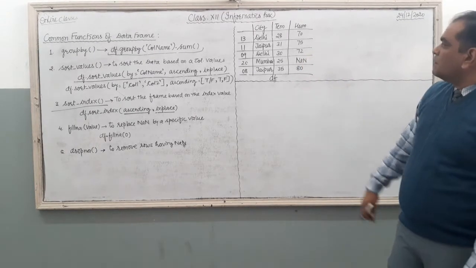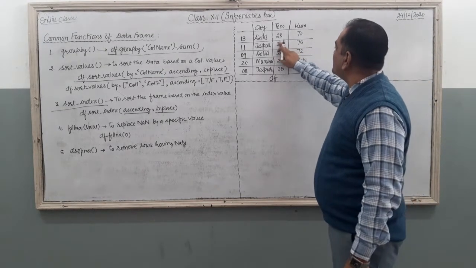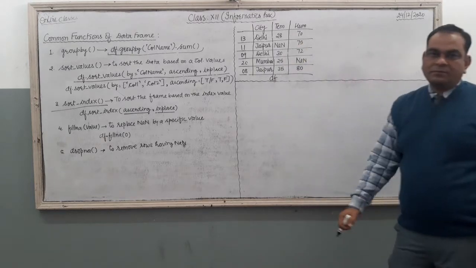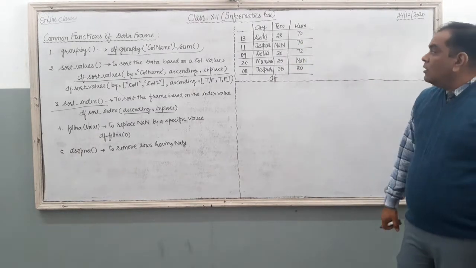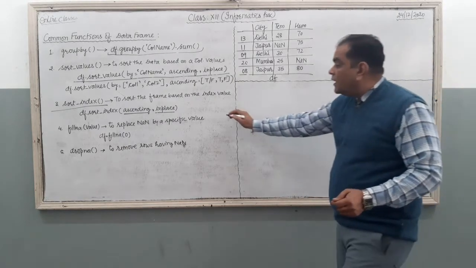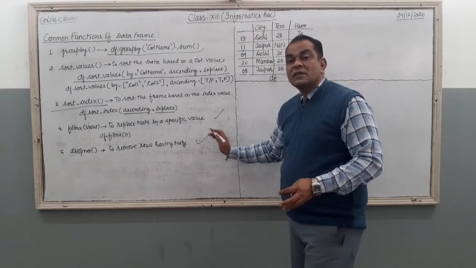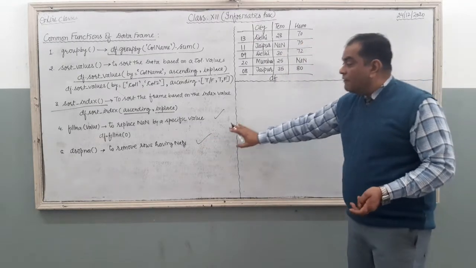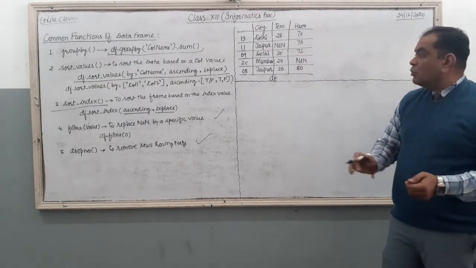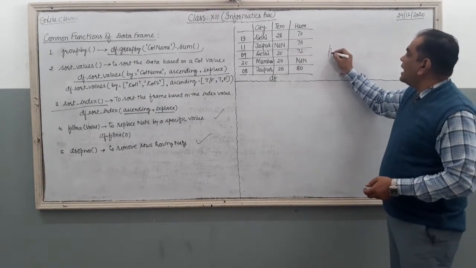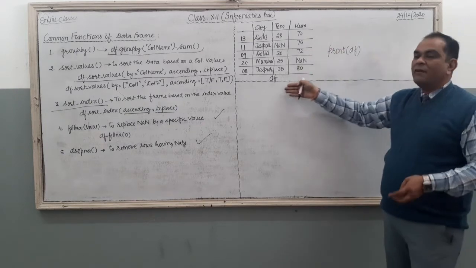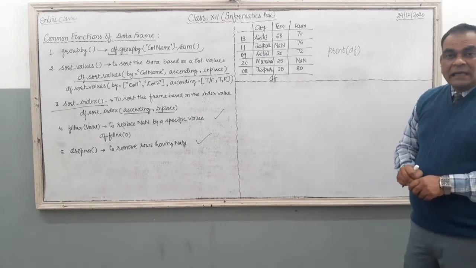And suppose the temperature of this one is not available, then also the computer puts NaN over here. Now, if a data frame contains NaN, then the fillna and dropna functions are applicable on this data frame. They will make some effect on it. So if the data frame is this one and I want to print it, my simple command is print(df), and the same data frame will be there on the monitor. Clear?